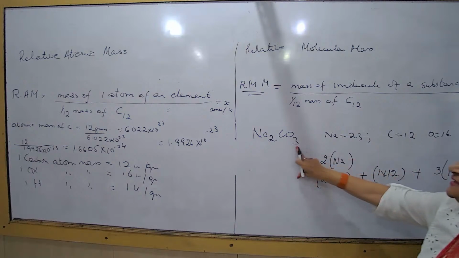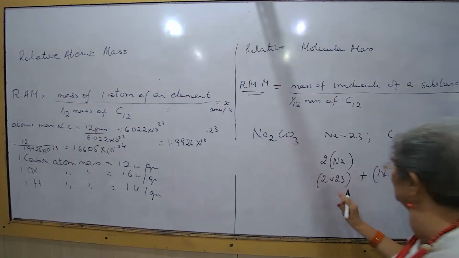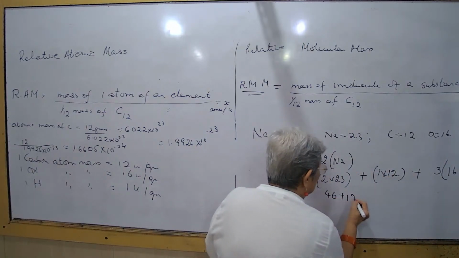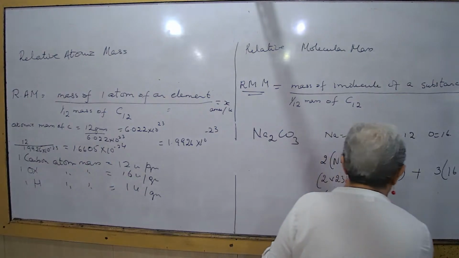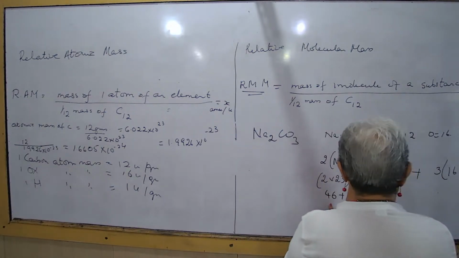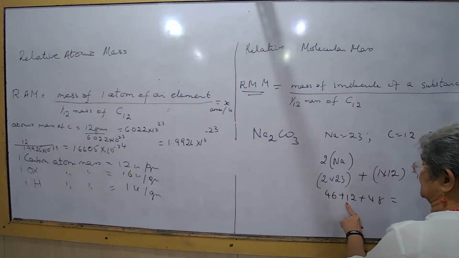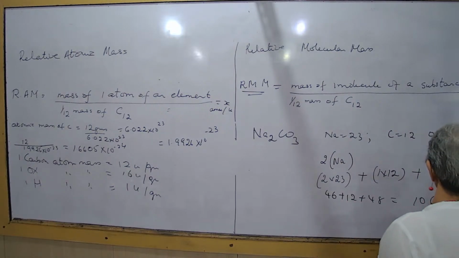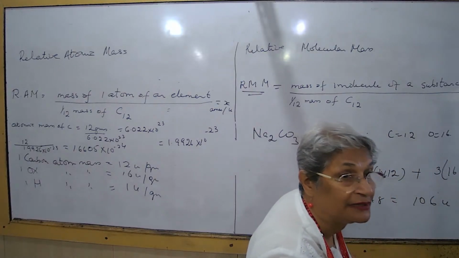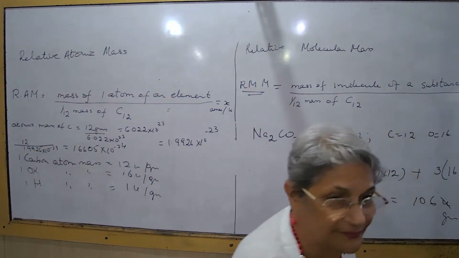Oxygen atomic mass is 16. So therefore, you have got 23 into 2 is 46, plus 12, plus 3 into 16 is 48. What's your answer? 46 plus 12 is 58, plus 48 is 106 U. Or I will say, no, I want it in grams. Then you will say 106 grams.